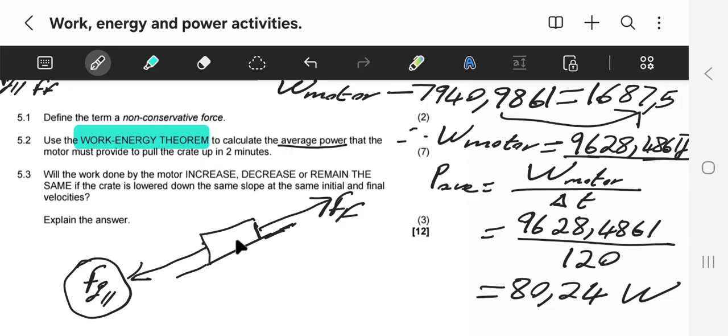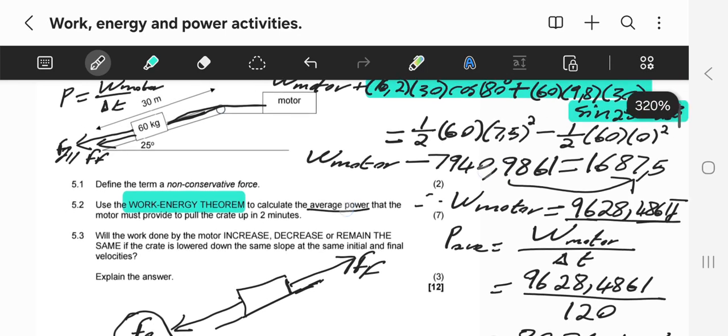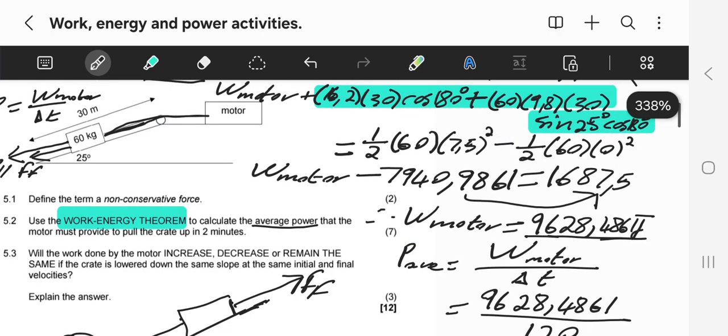So this means that when this object is moving downwards, it now has one force to fight with, whereas initially there were two forces to fight with. It was the force of gravity, parallel, and friction. But now when it's moving down, it's being assisted by the force of gravity. And the force of gravity we found to be this one here, the gravity parallel.